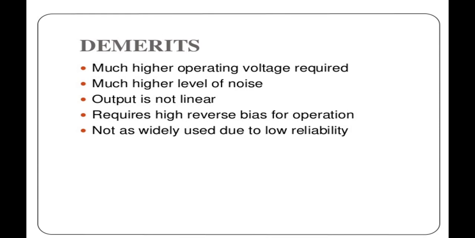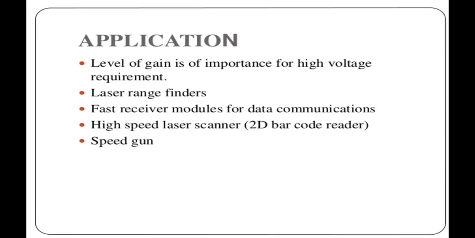If the current is high, the output is very high; if the current is low, the output fluctuates, so the output is non-linear. It requires a high reverse bias for operation and is not widely used due to low reliability. It is very rarely used.